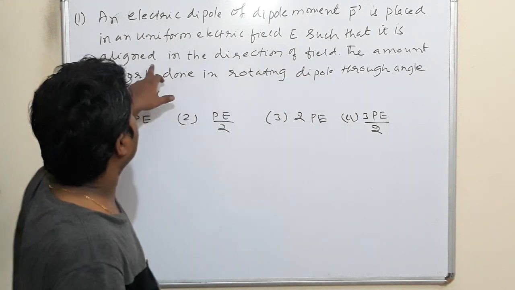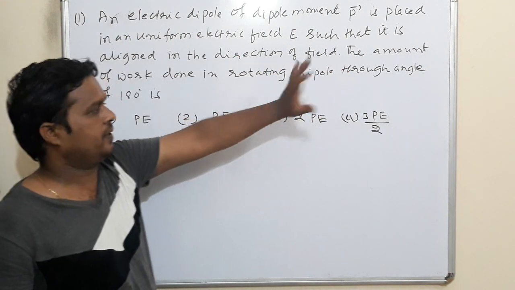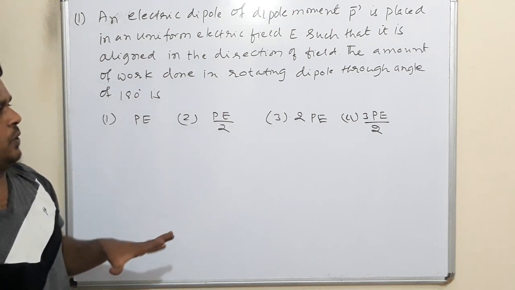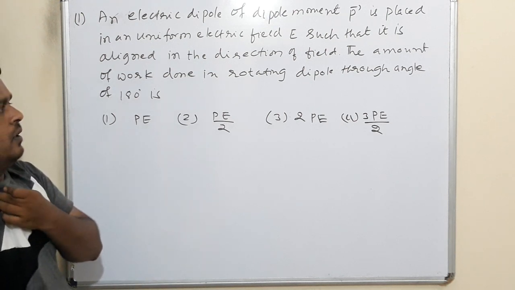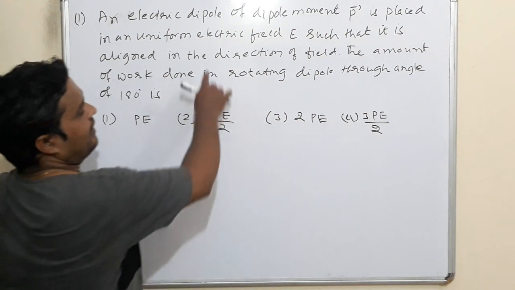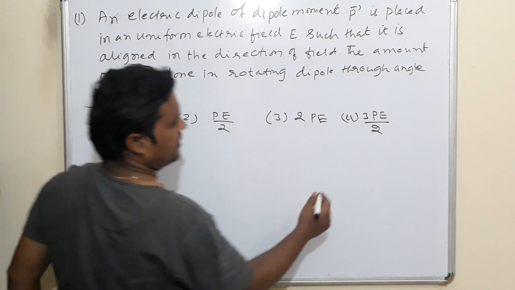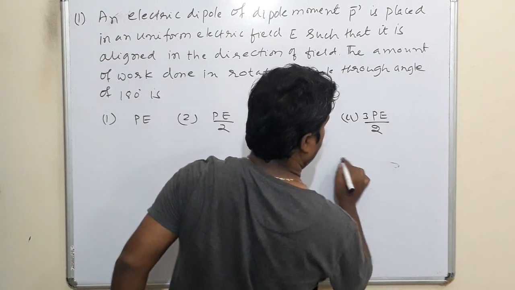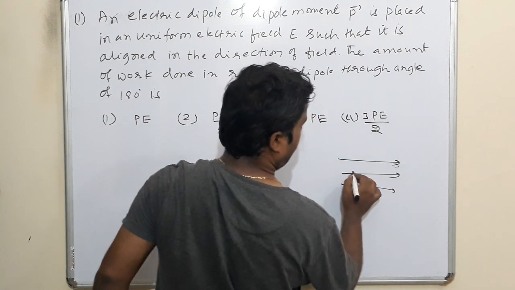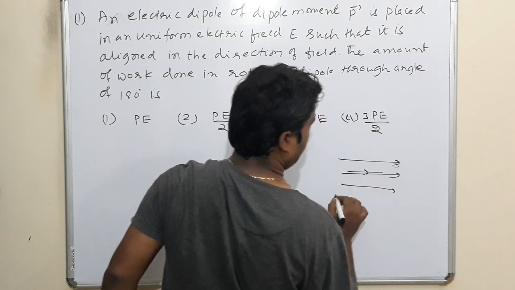The dipole is already aligned in the direction of the electric field. You pause the video and write the question, then listen to the solution. See, this is the field, and the dipole is aligned in the direction of the field.